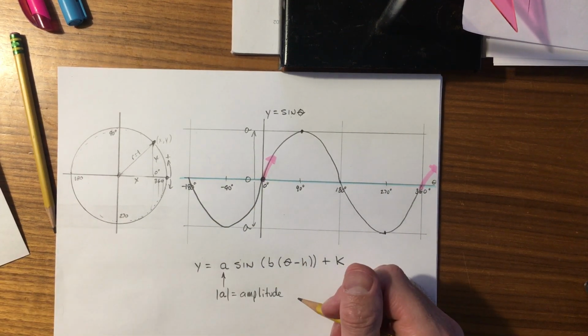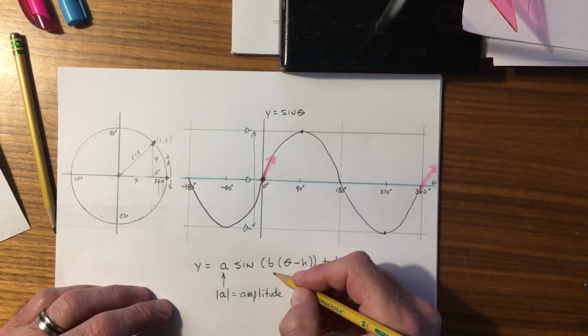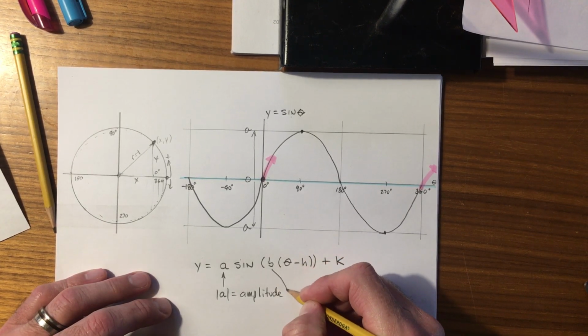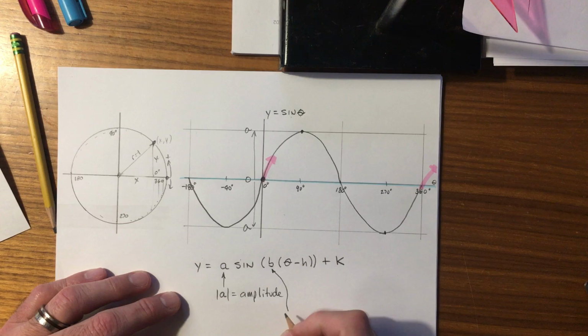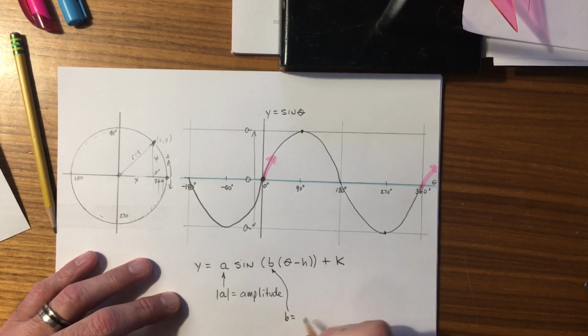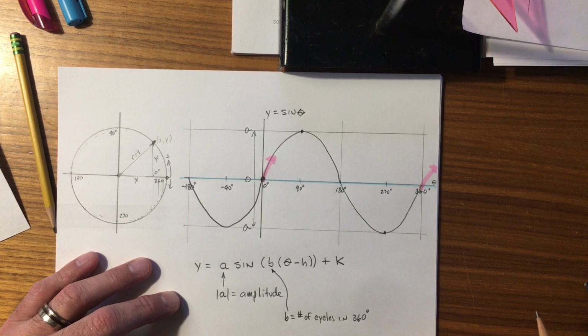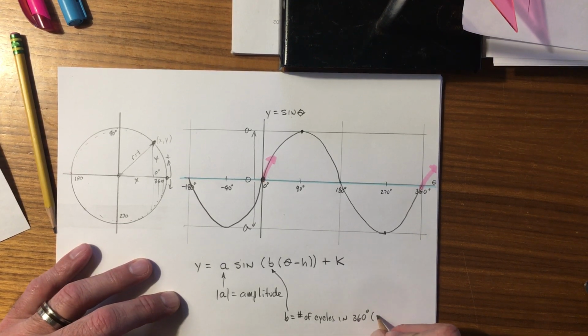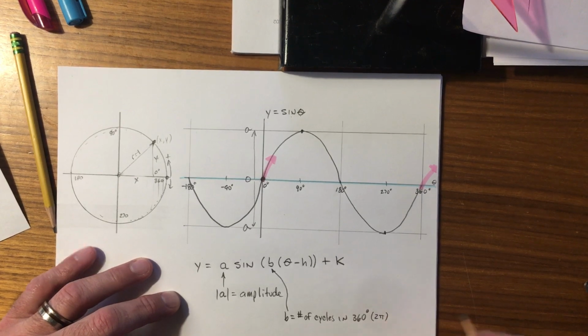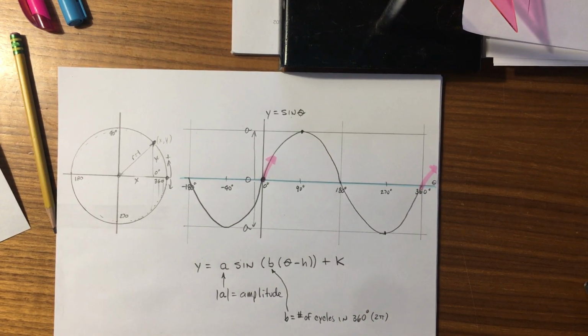The next thing is this letter B. This B is defined as the number of cycles in 360 degrees, or if we were doing radians, the number of cycles in 2 pi.